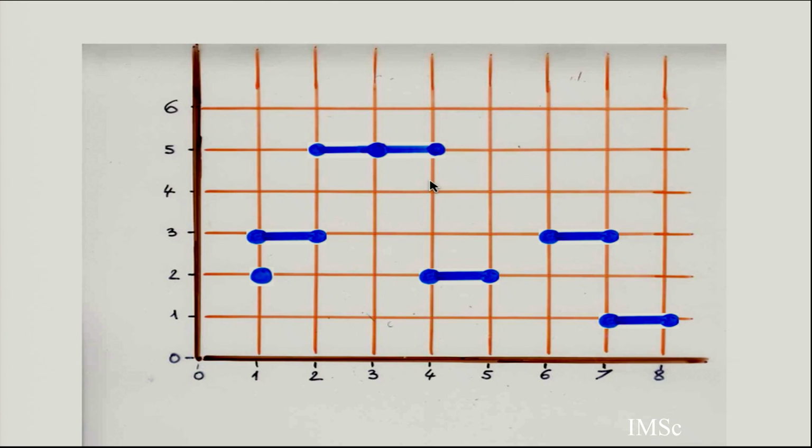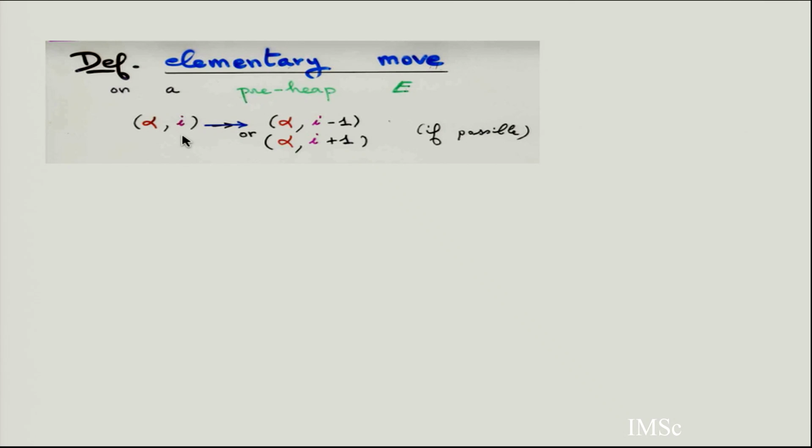So I can make an elementary move, alpha to level i minus 1, or to level i plus 1. You move it by one level up or down, if possible, which means you make the move without violating condition 1.